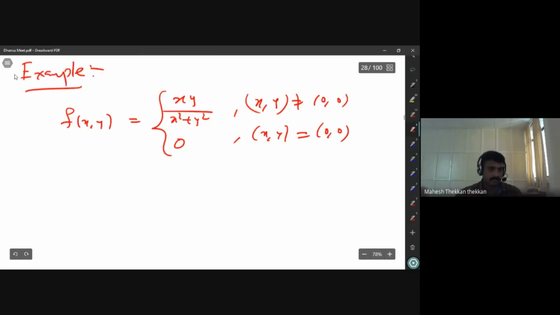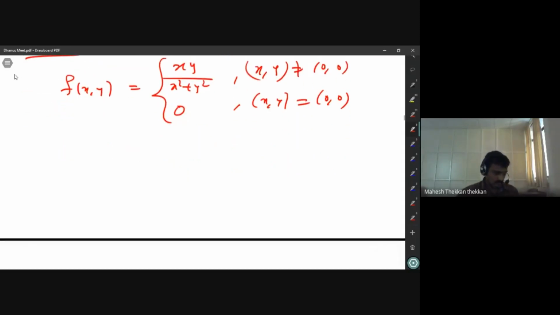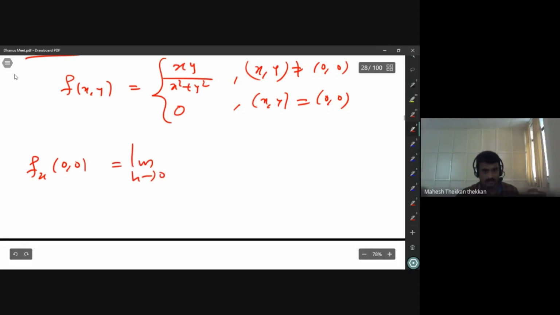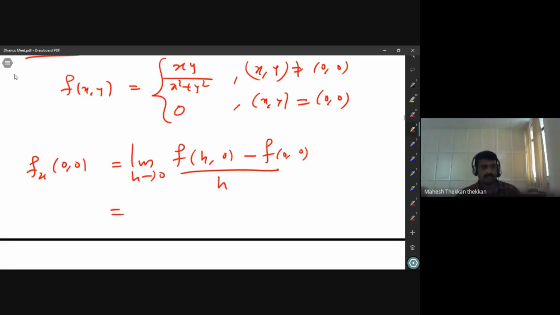Okay. Now let me look at what fx at 0, 0 is. It is limit h tends to 0 of f of h comma 0 minus f of 0, 0 by h. What is f of h comma 0? If you substitute here, y is 0, so this total value will be 0. And f of 0, 0 is already 0. So you will get 0 here.